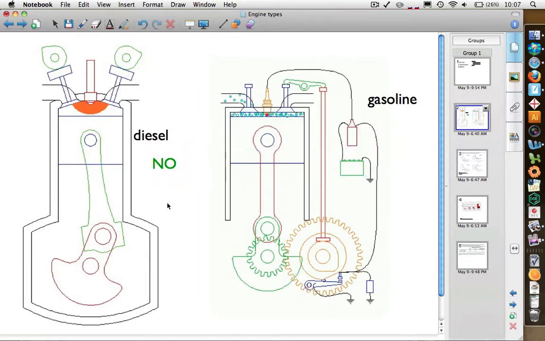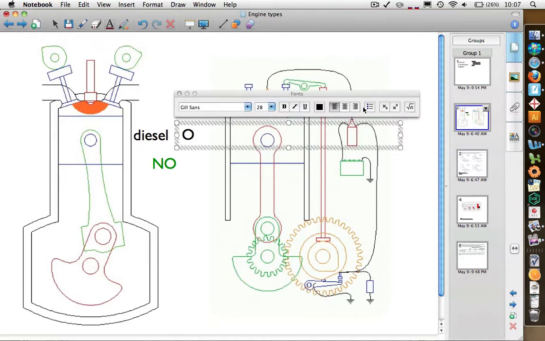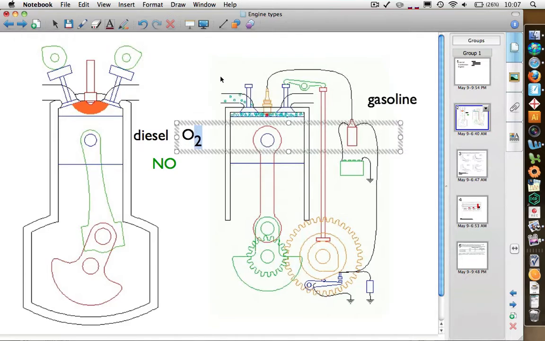In addition, and this is a complicated thing, because they run at a higher temperature, there tends to be a higher ratio of air to fuel. So stoichiometrically, if we think of diesel reacting with oxygen gas that's just in the air, these engines tend to be run so that there's more oxygen present and less diesel.